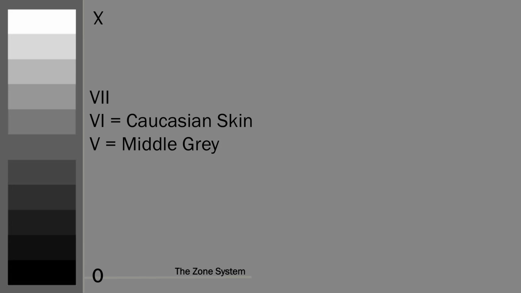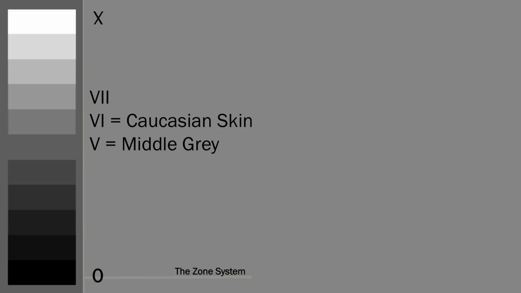So in this scale, of course, you can see zones 5, 6, and 7 are designed to fit human skin, okay? And that's where we'd like to place the brightness of human skin when we're measuring a scene with the camera, okay? So let's just go forward here.